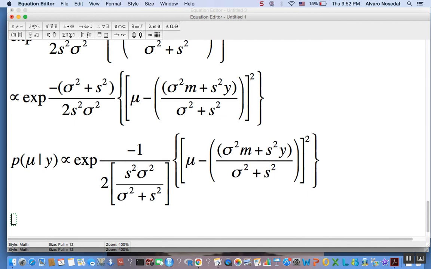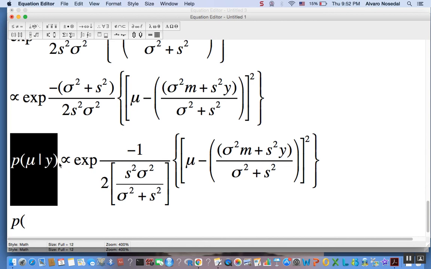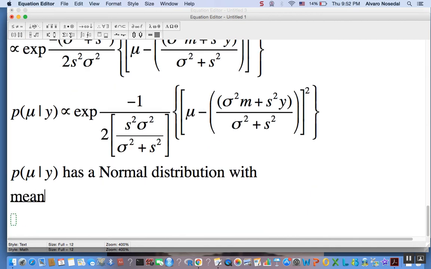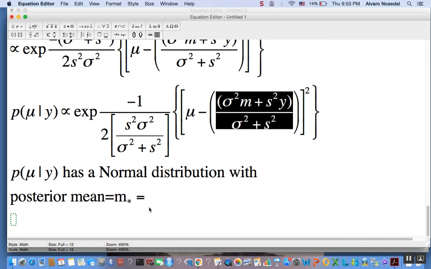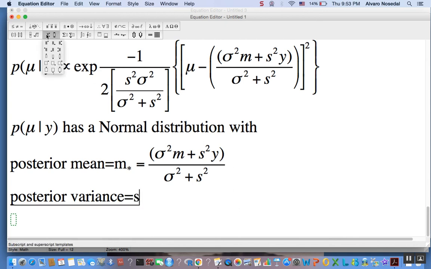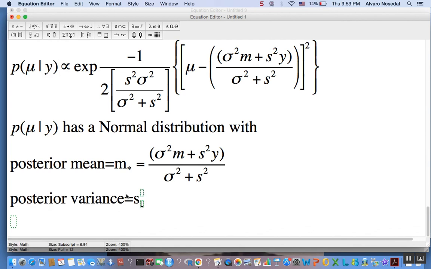So our posterior has a normal distribution with posterior mean, let me use m star to refer to it, and posterior variance s star squared.